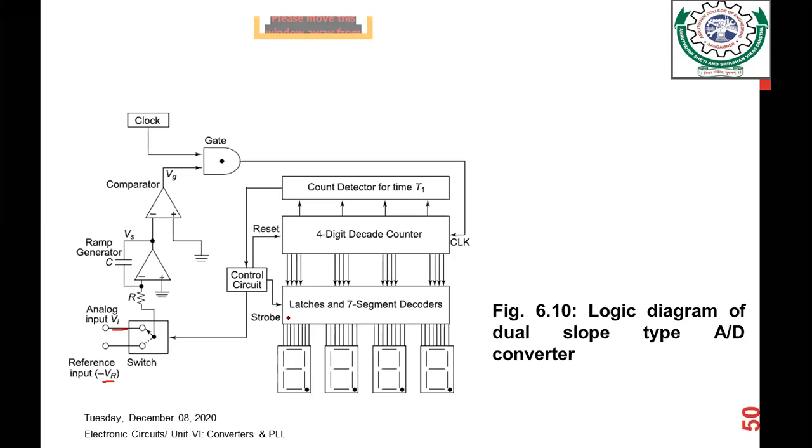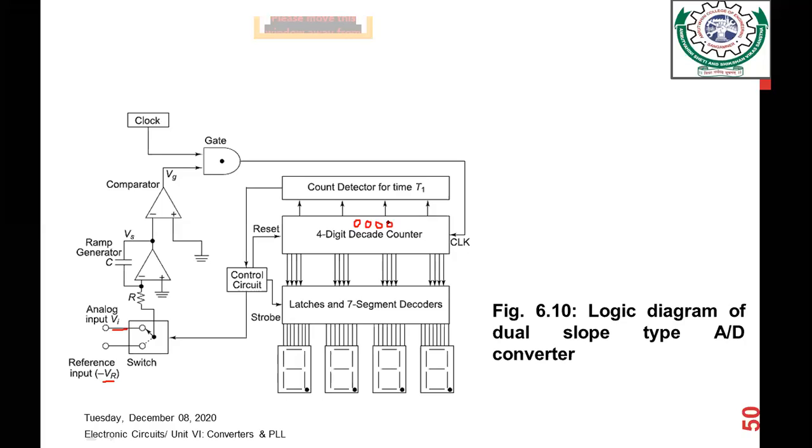So if we consider the operation of the dual slope A to D converter, assume that the 4-digit decade counter is initially set to 0 0 0 0, because we are taking a 4-digit decade counter here.